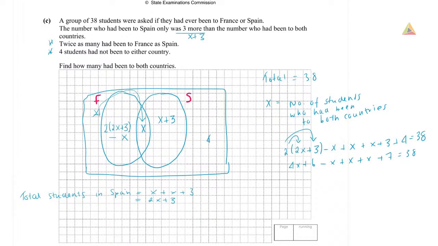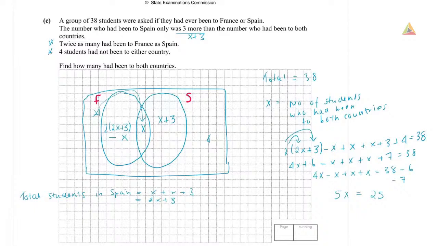So we're going to get letters on one side, numbers on the other. So 4X minus X plus X plus X is equal to 38, take away 6, take away 7. Okay, so 4X take away X is 3X, 3X plus X is 4X, and 4X plus X is 5X, which is equal to 38 minus 6 minus 7, which you can put directly into the calculator, and you get 25.